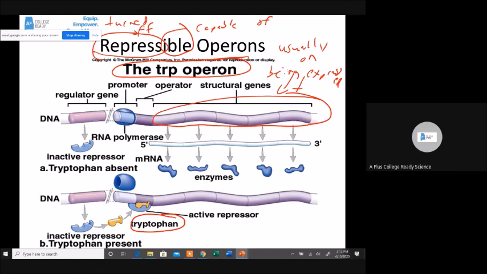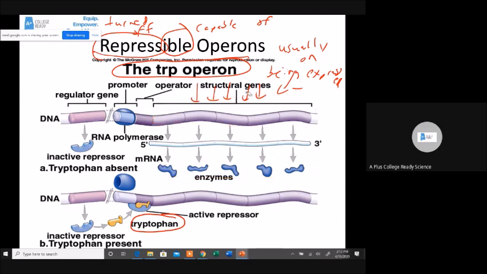So they need this amino acid to make their proteins. So the trp operon, these genes code for enzymes which help to make tryptophan for the bacteria. So when they don't have it in their environment, they need to be making these enzymes because these enzymes will make tryptophan for them. So again, these structural genes are normally on, they're normally being expressed.